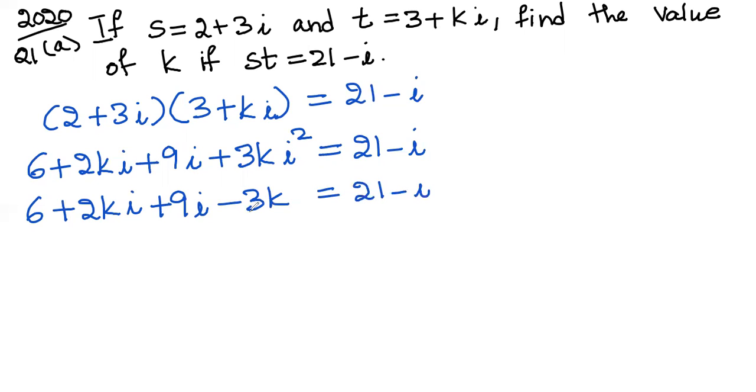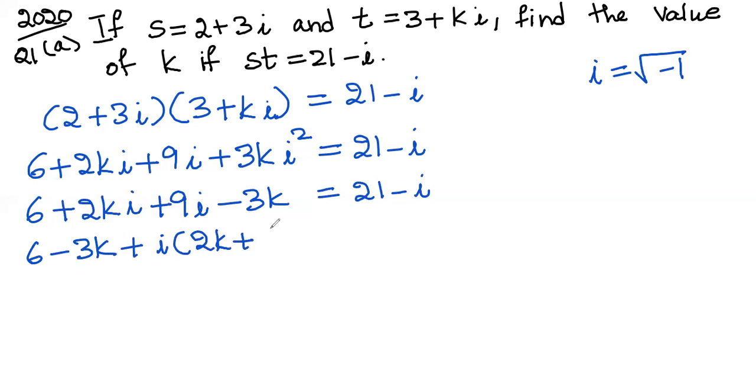Why is it minus 3k? Because i we know is square root of minus 1. So i squared is minus 1 and hence we can write this as minus 3k. So grouping real terms and imaginary terms, I'll group them first. And here we have i times 2k plus 9 equal to 21 minus i.